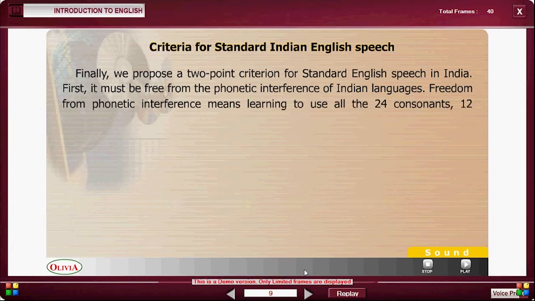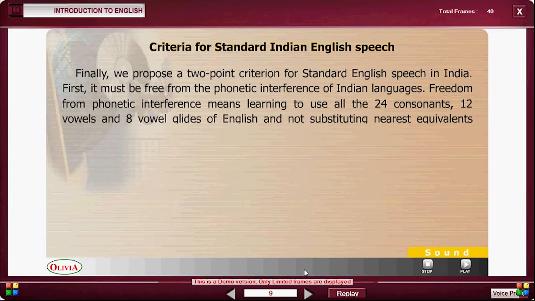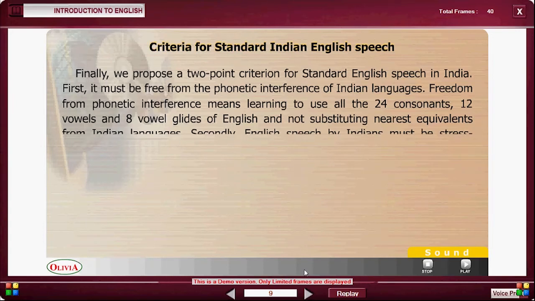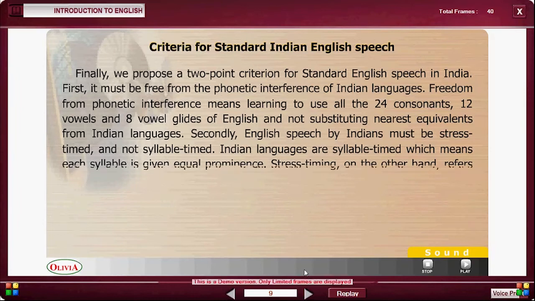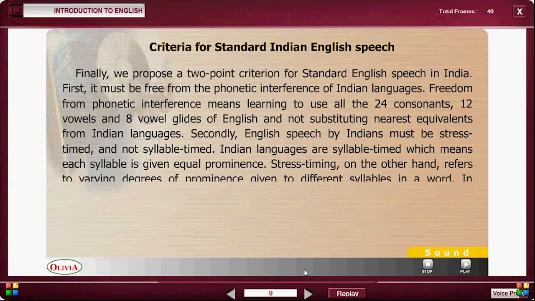Freedom from phonetic interference means learning to use all the 24 consonants, 12 vowels, and 8 vowel glides of English, and not substituting nearest equivalents from Indian languages. Secondly, English speech by Indians must be stress-timed and not syllable-timed. Indian languages are syllable-timed, which means each syllable is given equal prominence.